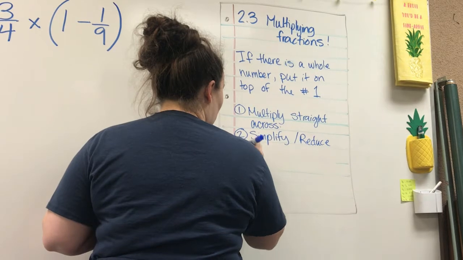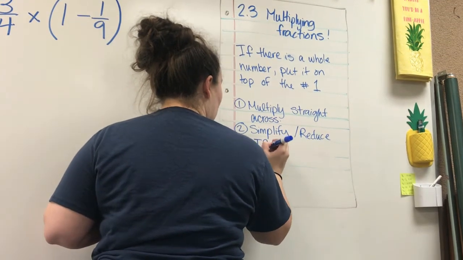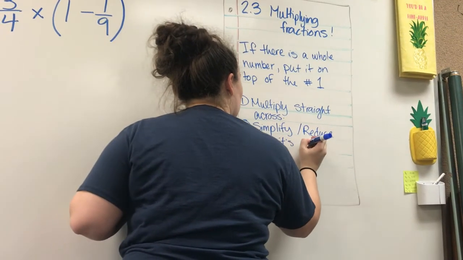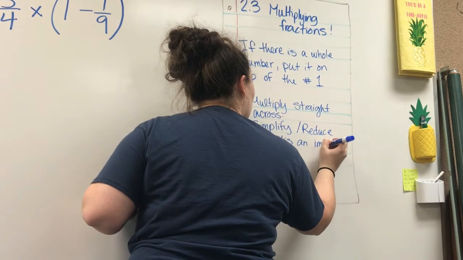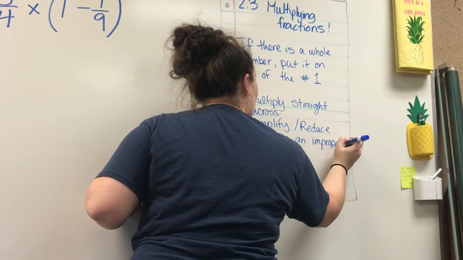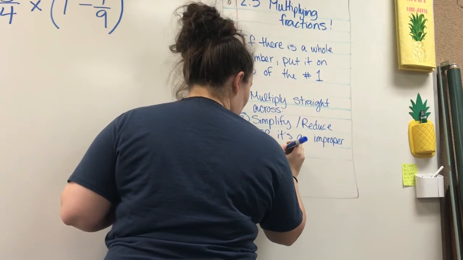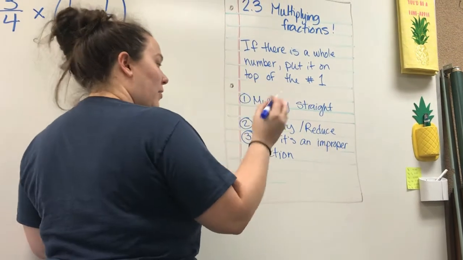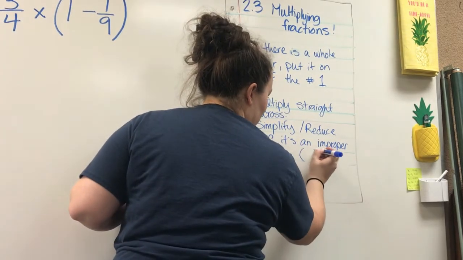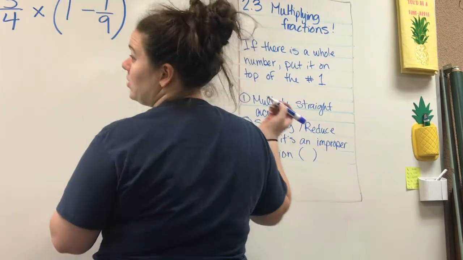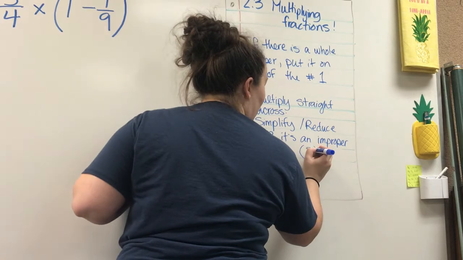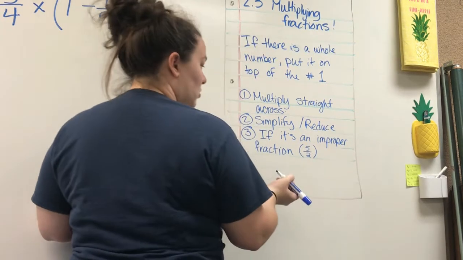And number 3, if it's an improper fraction, you have to, and I'm going to do an example here, let's just work on that one. 5 over 2, okay?